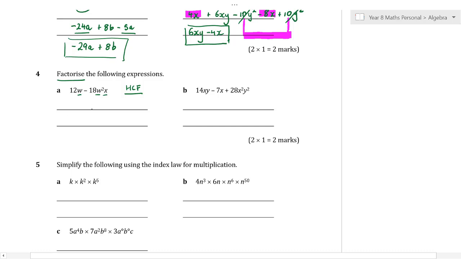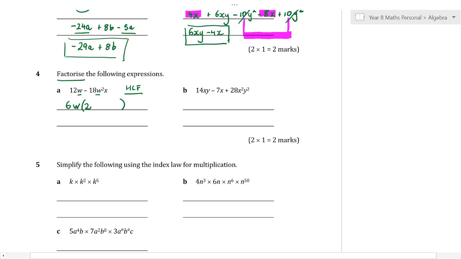So what we're going to do is bring out the number which is the highest common factor. What do they share? They share a 6, don't they? 6 goes into 12 twice and 18 3 times. So we're going to put that 6 out the front. But don't forget, they share a w. So we're going to have a w out the front. Now you can open up some brackets. 6w times what gives me 12w?